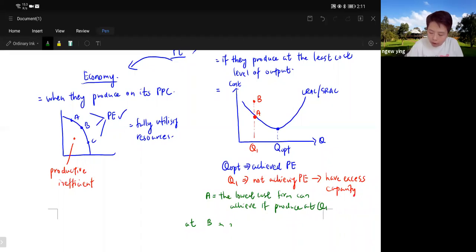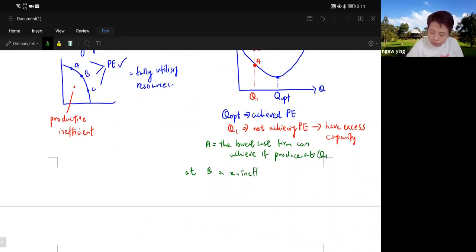this is what we call X inefficiency, because they are not producing at the lowest possible cost.